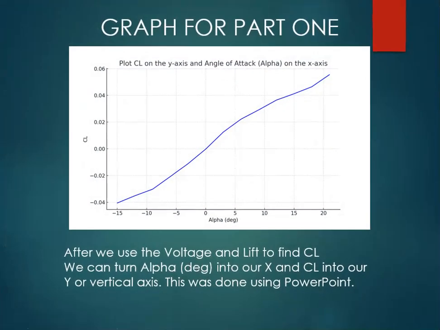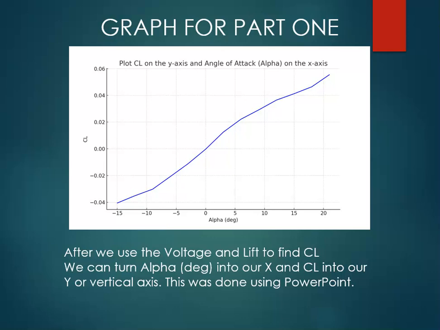This graph shows the CL value from part 1 plotted against the angle of attack. You can see a clear upward trend, which means the airfoil becomes more effective at producing lift as the angle increases. What's important is the curve starts to flatten out at around 15 degrees.